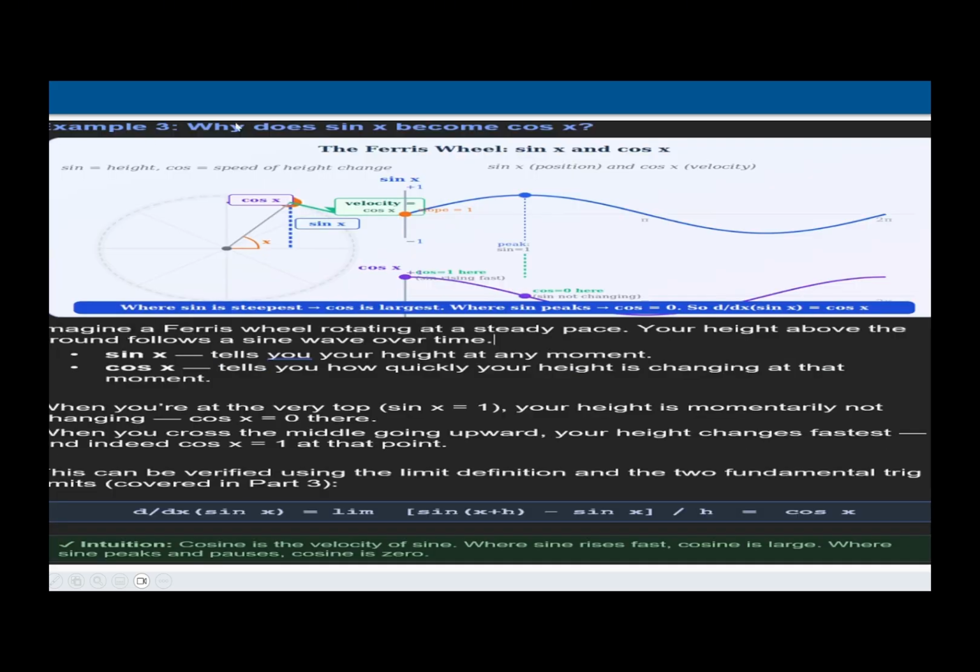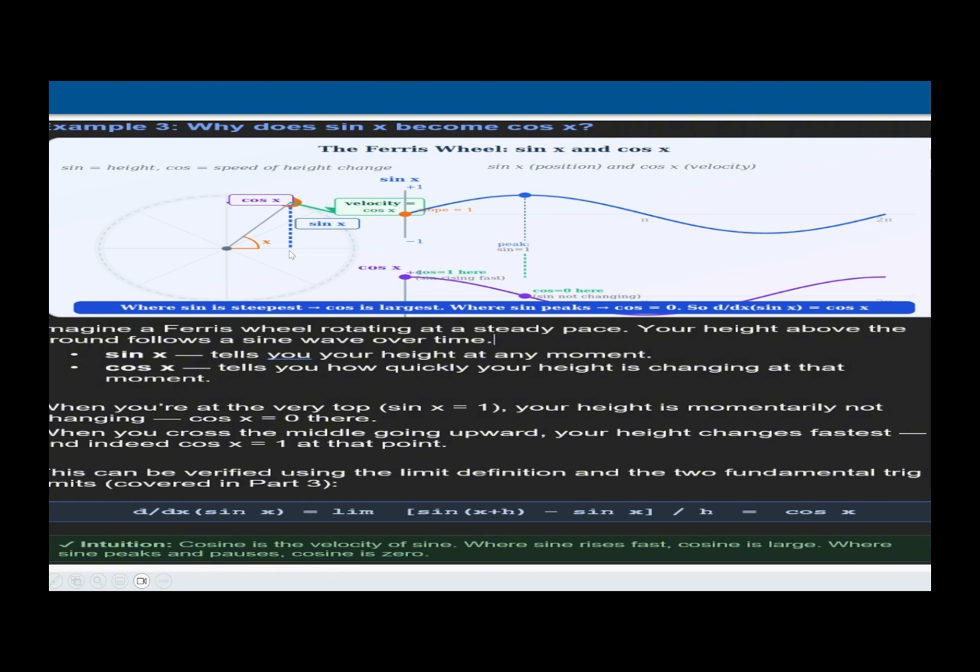Okay. Example 3. Why does sine x become cosine x? The sine becomes cosine. Let me give you the Ferris wheel example to see how they work out. If it's a circle here, this x is the angle x.